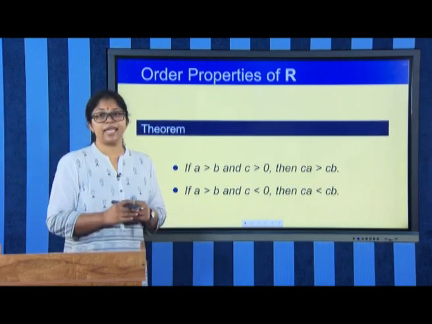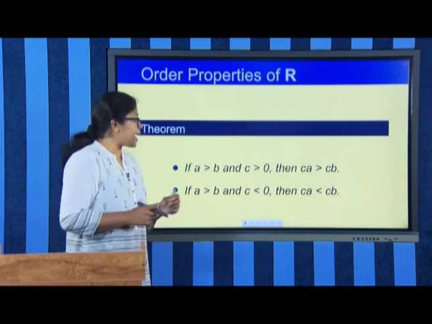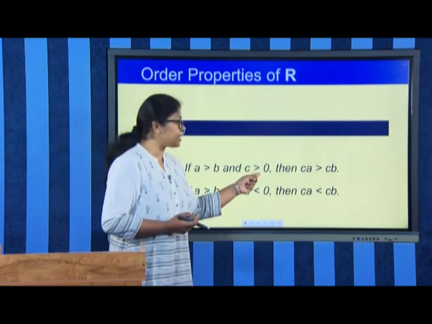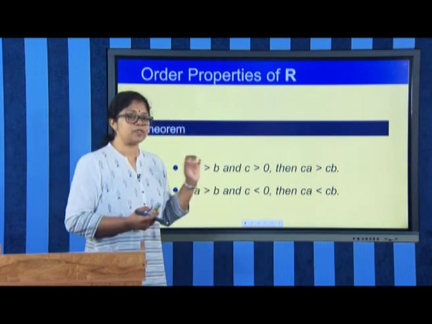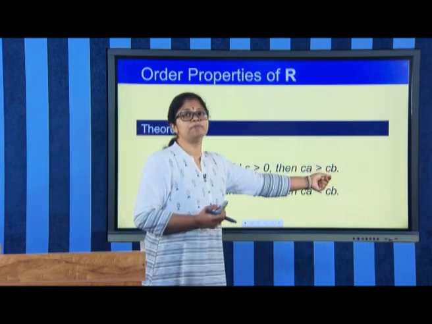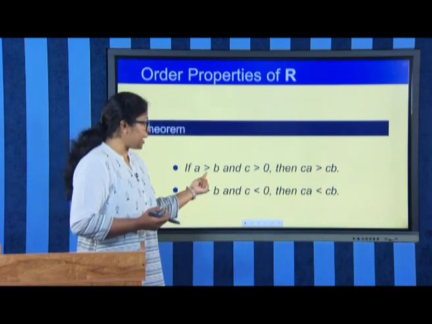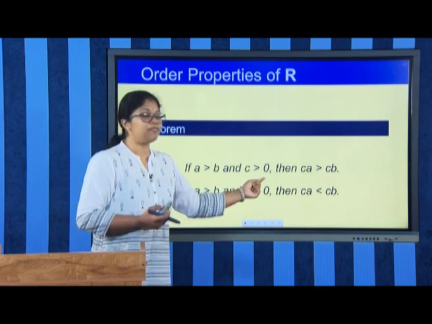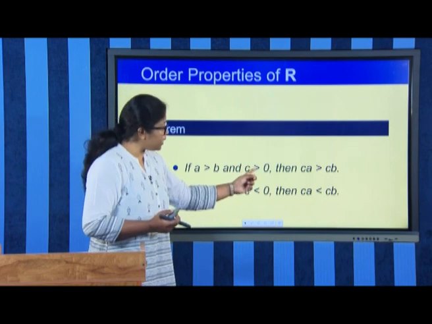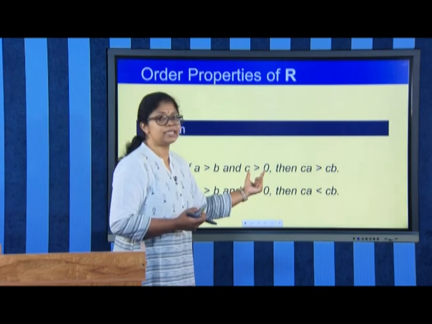Now, we have the next theorem saying that if A is greater than B and C is any positive real number, because C is given to be greater than 0, which shows that C is a positive real number, then C times A is greater than C times B. That means, this inequality is retained if we multiply with a positive real number C. C greater than 0 means it is strictly positive.